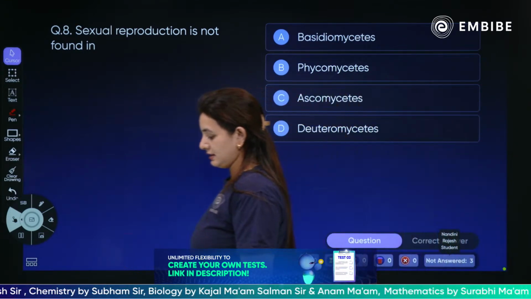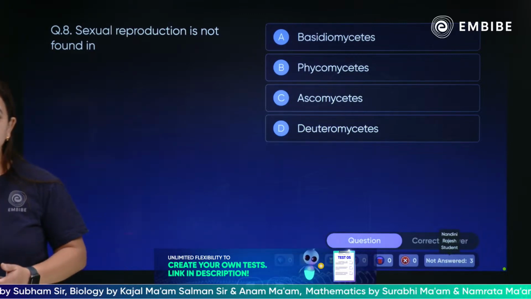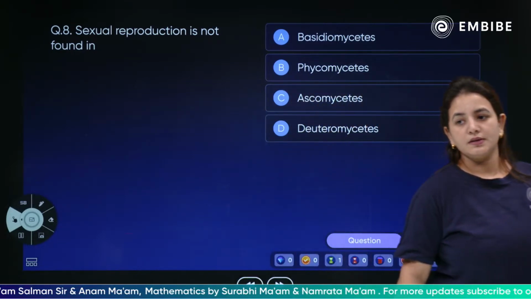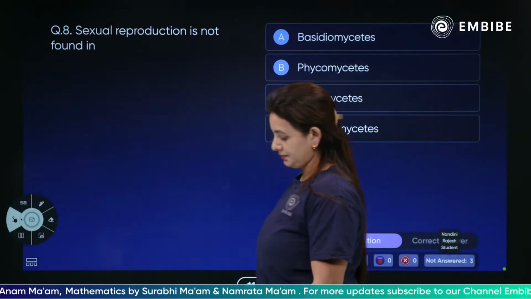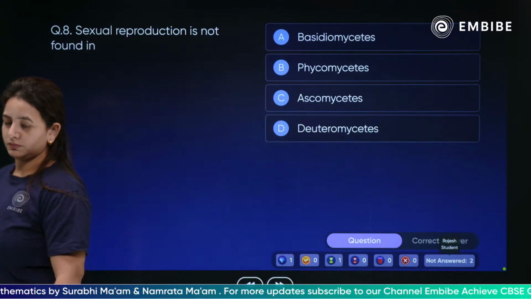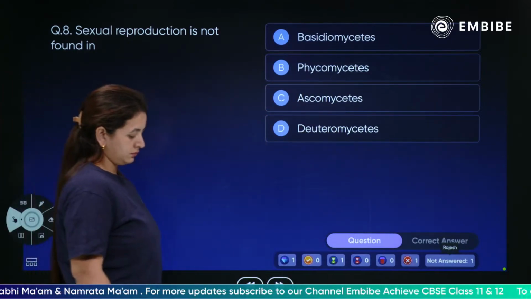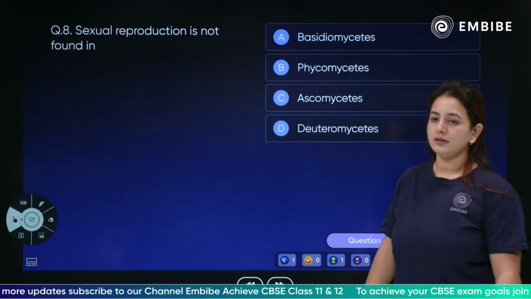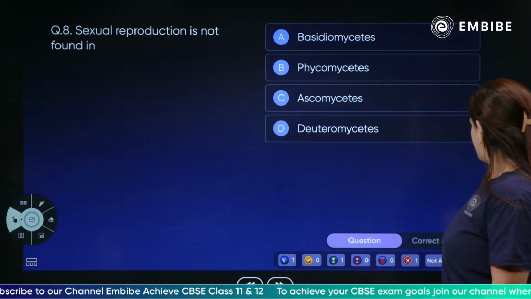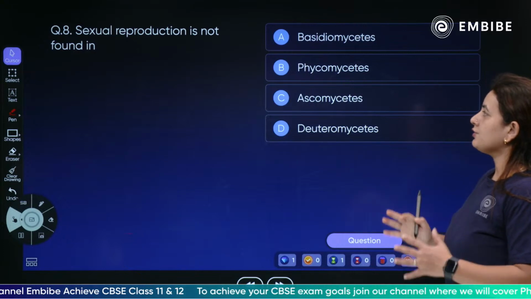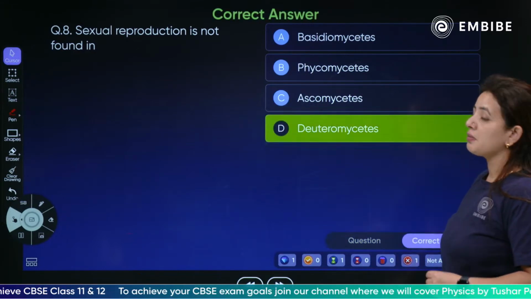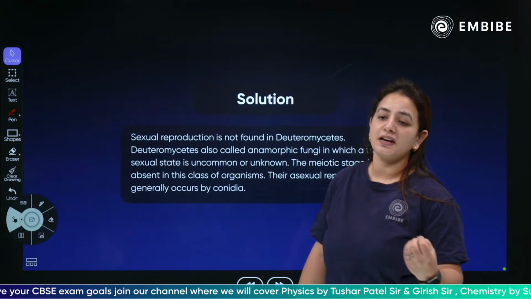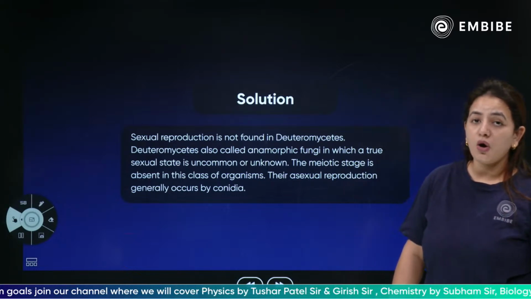This has to be very easy. Sexual reproduction is absent in Deuteromycetes, and that is the reason Deuteromycetes is called fungi imperfecti.